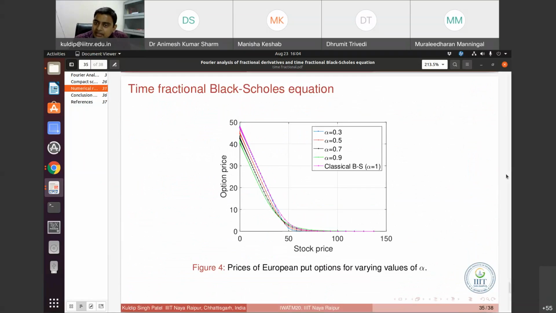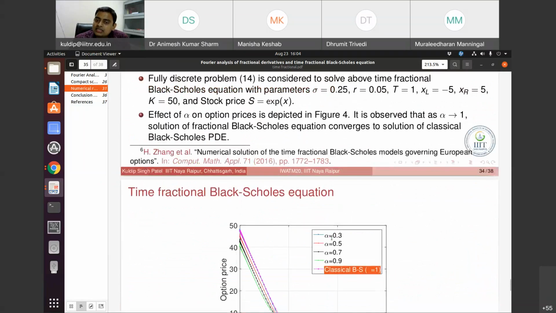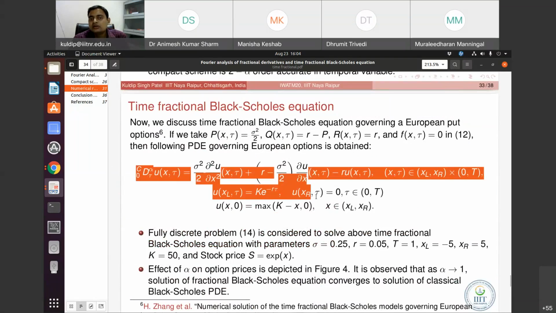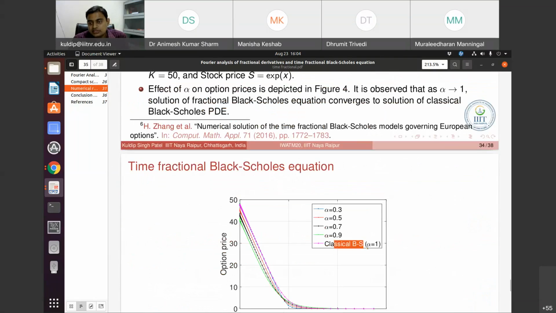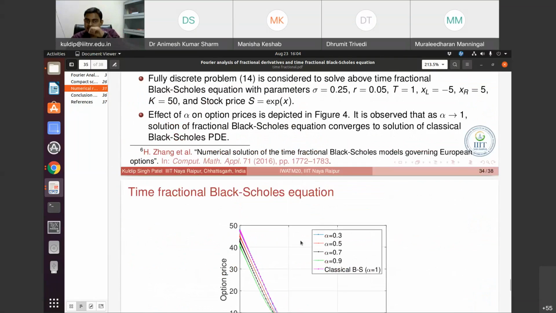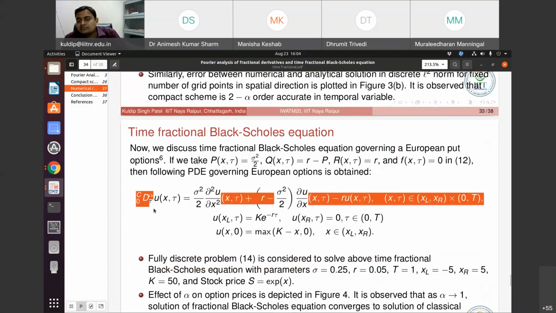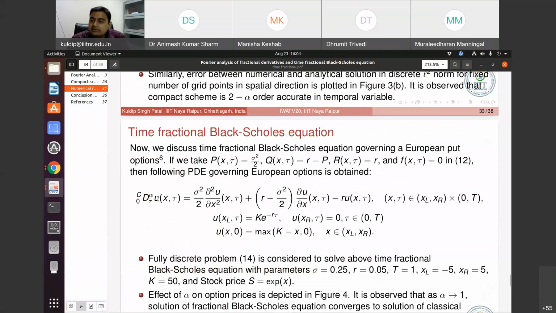As we go to alpha equals 1, the results from this time fractional Black-Scholes equation converge to the classical Black-Scholes. Because in classical Black-Scholes, this is the first order derivative. This Caputo fractional derivative which we are taking here tends to the first order derivative, and alpha takes values from 0 to 1.